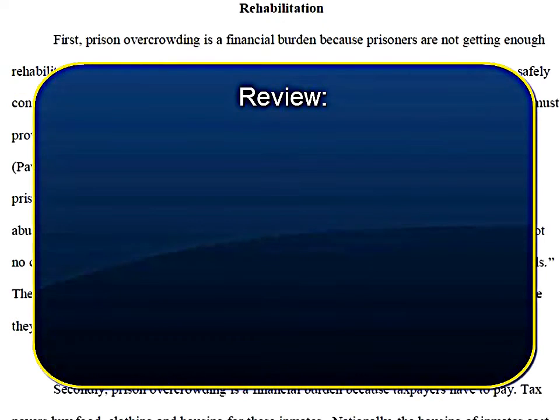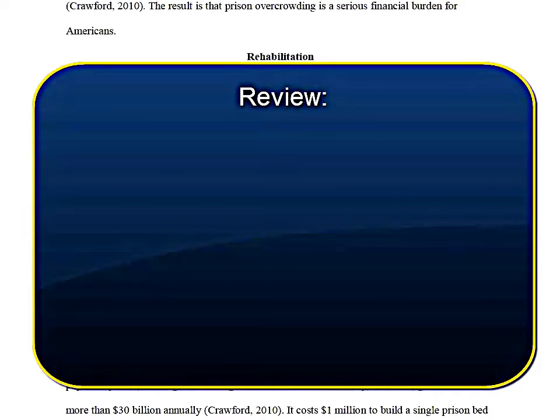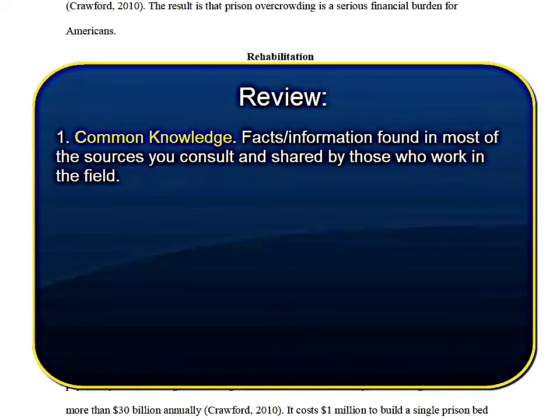Okay, let's quickly review what we've learned about the use of sources. 1. Common knowledge. These are facts and concepts already known by those who regularly write and research in a given area. You will be acquiring common knowledge as you research.